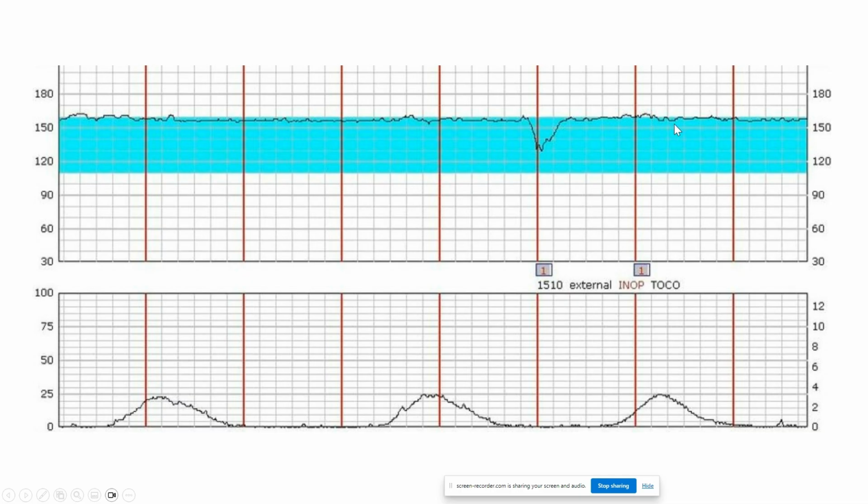It's not exactly on the line. So we would say that the fetal heart rate would be between 155 and 160. But if I had to choose one, I would say 155. So this is a minimal variability with a variable deceleration, with the fetal heart rate being 155 to 160. But again, if I had to choose one, it would be 155. I'm sorry.